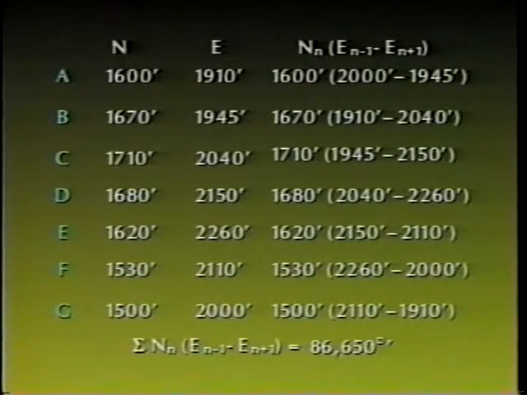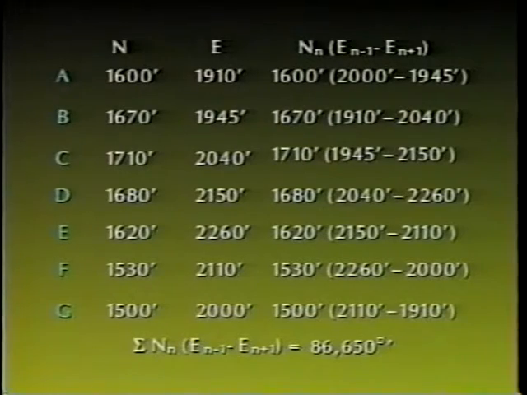Let's review the problem and see how I got that answer. You start with any corner, but to keep it as simple as possible, let's start with corner A. From the formula, n sub 1 times the quantity E sub n minus E sub 2, let's change that to fit our parcel.